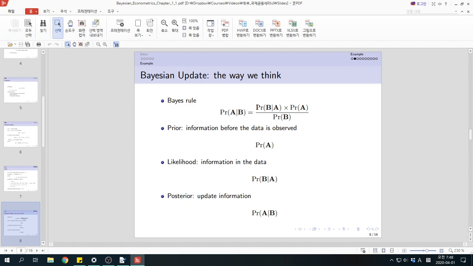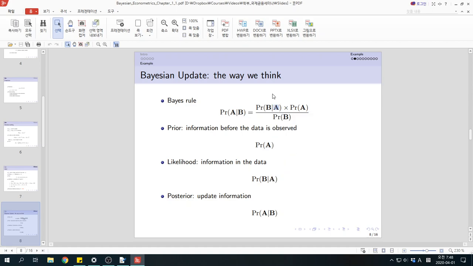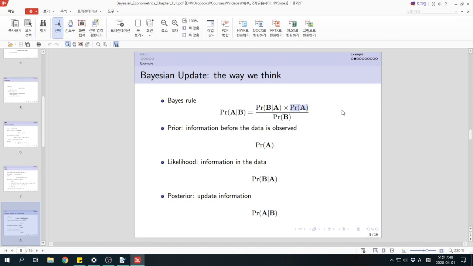So then what should the probability of B given A be? It should be simply the probability of B, because whether A is given or not doesn't affect the probability of B. So here's the probability of B, here's the probability of B, so these two terms will cancel out. Then the probability of A should be equal to the probability of A given B.